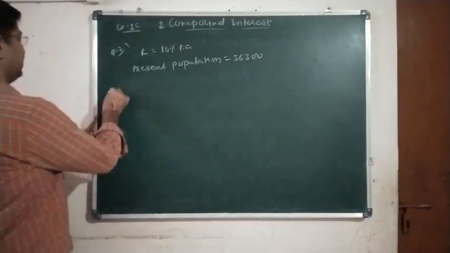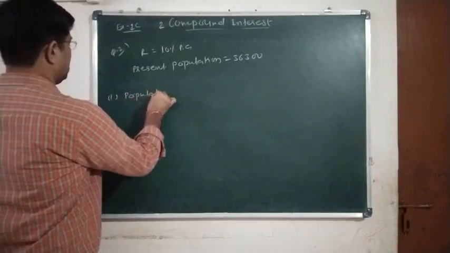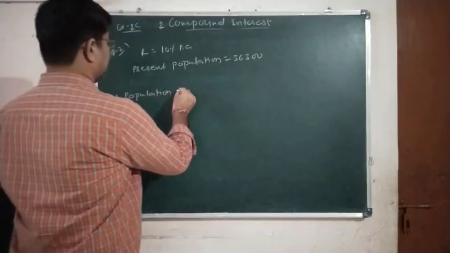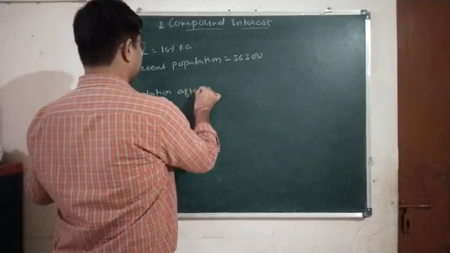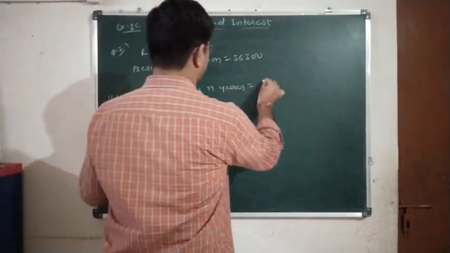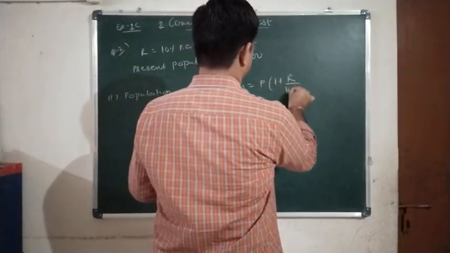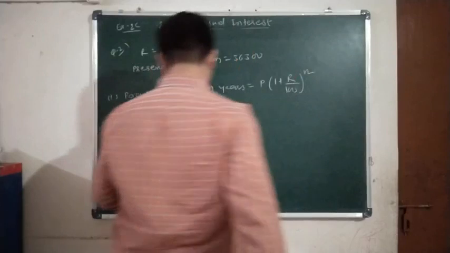Number 1, we have to find the population after 2 years. For population after n years we use the formula P into bracket 1 plus R upon 100 raised to n.